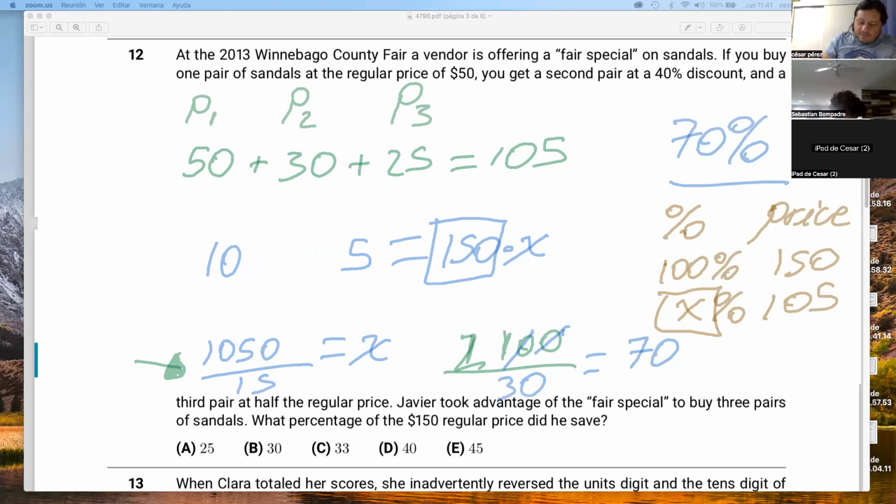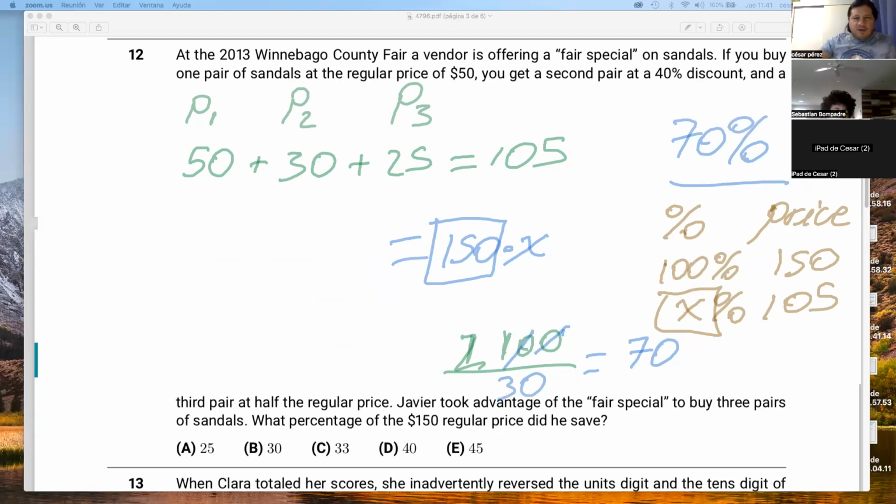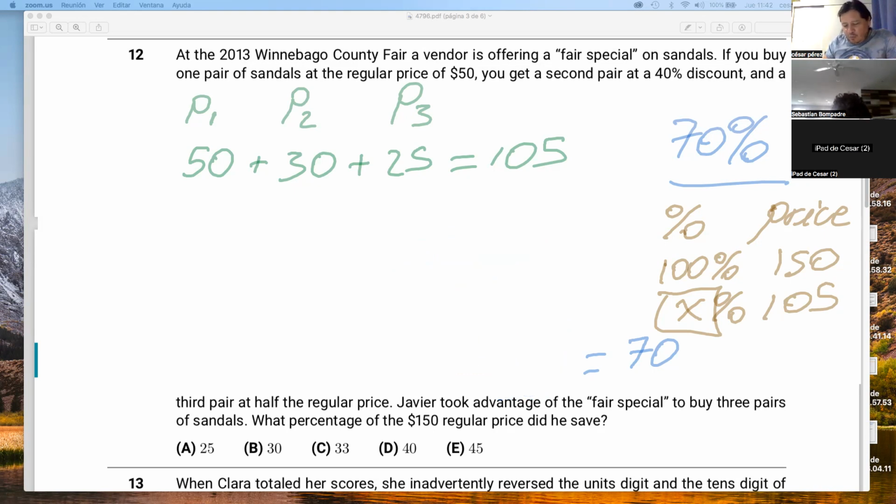This can be made faster. A percentage is only a fraction with a denominator 100.